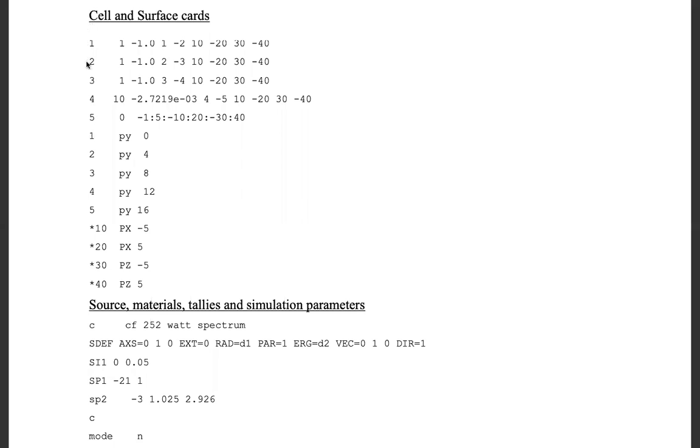But this is block 1, coming from 1 to 5. These are the 5 cells, and the surfaces are the second block, which are from 1 to 40. I forgot to tell you, in the last input also I had stars over here. Whenever you put a star on a surface, that means it's a reflecting surface, so any neutron going out of there comes back.